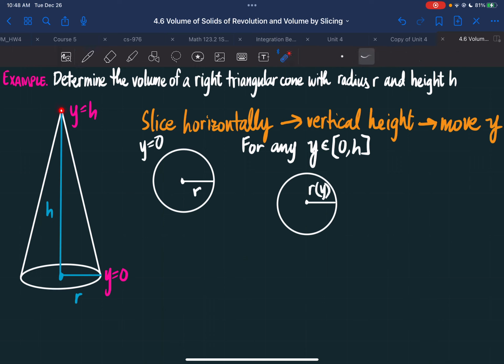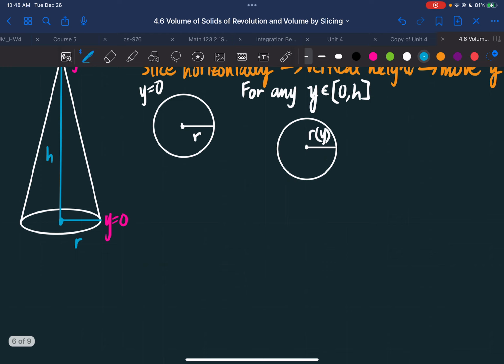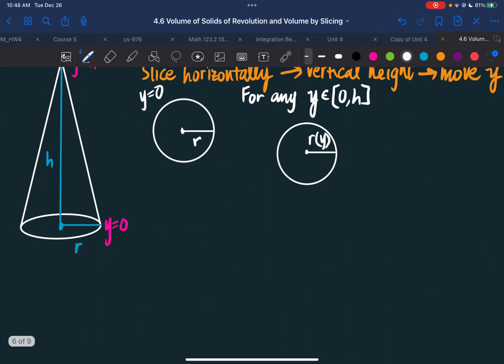If you slice your cone in this manner, vertical like this, and horizontal like this, what you'll obtain is a right triangle with base r and height h, right?